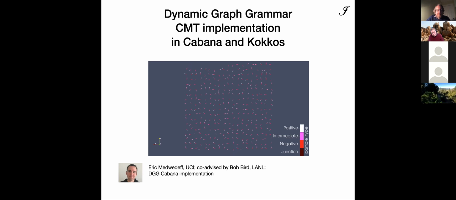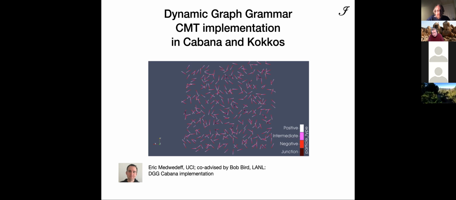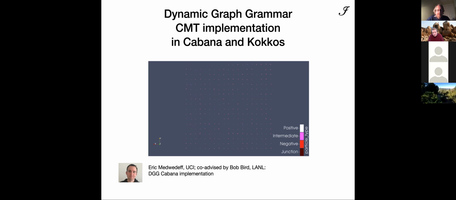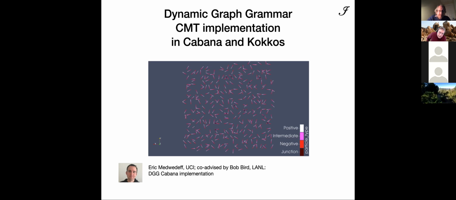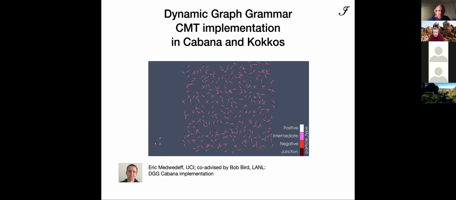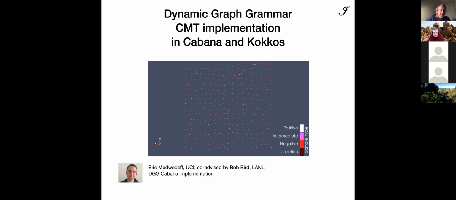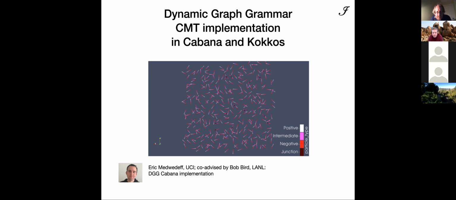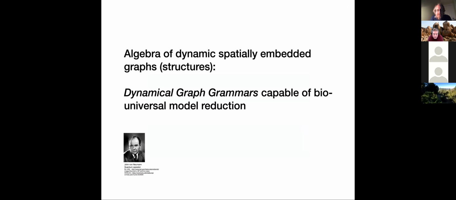And it just shows that we can use a highly scalable Department of Energy programming package or environment aimed at exascale science, called Cabana, built on Kokkos, to do these kind of graph-like things. The little bursts of color are where two microtubules are running into each other and joining up. And this is the kind of dynamics that we have in the plant cell case of interest.